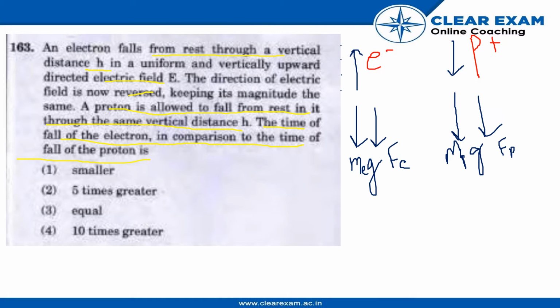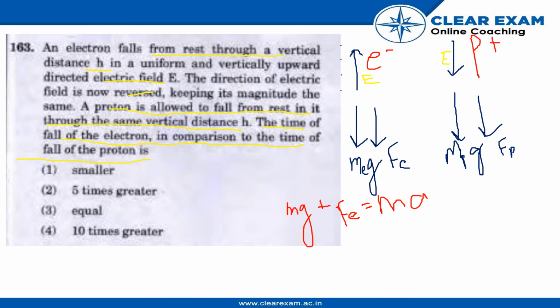Let's see. For the electron, the electric field is in the upward direction, and for the proton, the electric field is in the downward direction. As you can see from the figure, mg plus Fe equals Ma.